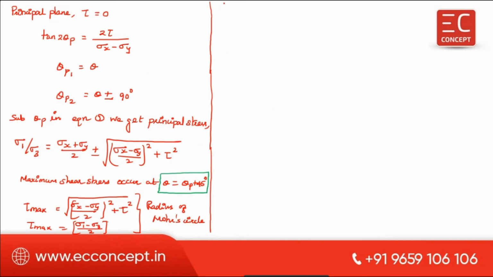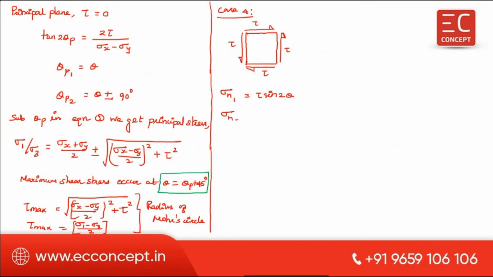Understood that? Now case number 4, the last case that we are going to see, where only shear stress is acting. An element which is subjected to only shear stress, we can take tau. Now in this case, what is the normal stress? Sigma n1 is equal to tau sine 2 theta.